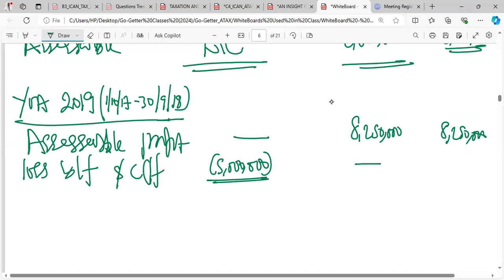That is dash. So this is a 5 million carrying forward. So your accessible profit, your accessible loss. So you leave it like this. So that's how it's going to be for the company.